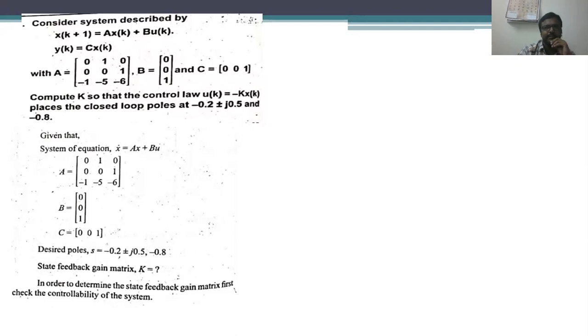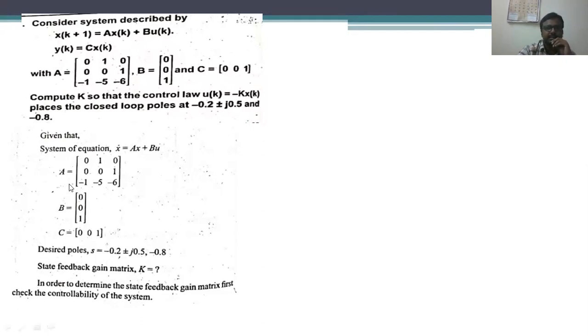Because it is a 3 by 3 matrix, so three different closed loop poles are going to be there for this problem. Let us solve this problem with method 2. Method 2 means calculation of the characteristic equations using the closed loop poles as well as the expression sI minus A plus BK.